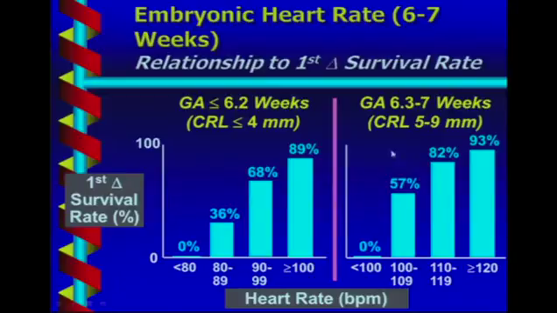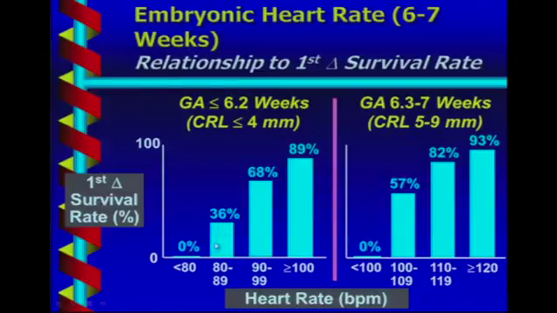And as you can see, very early on, up to about 6.2 weeks, or crown rump length up to 4 millimeters, when the heart rate is less than 80, there's virtually no chance that the fetus will survive till the end of the first trimester.